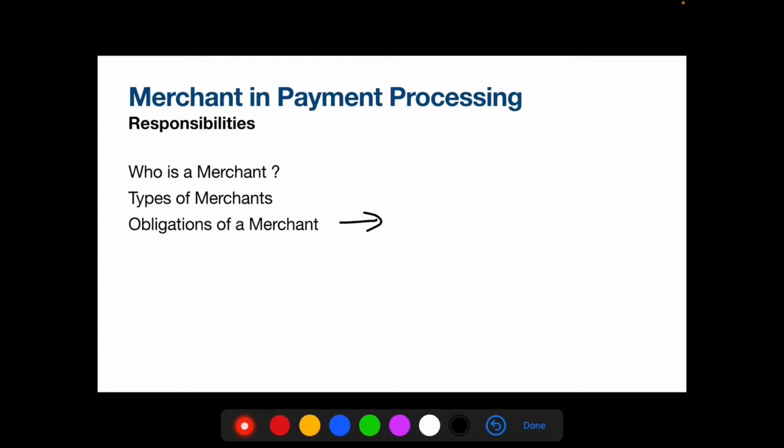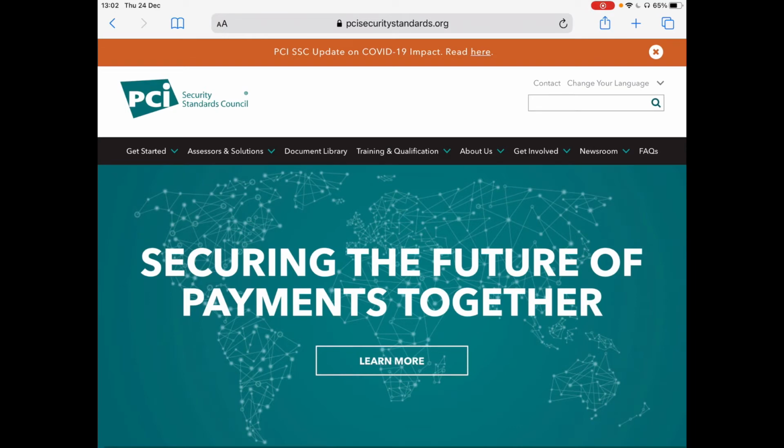I would now like to touch briefly upon the last bullet point here, which is the obligations of a merchant. This is an important security related aspect and a compliance related aspect for the merchants, not just for the merchants, but for all the other players in the payment processing. Specifically, we'll just talk about the merchant for now. There is a body called PCI.